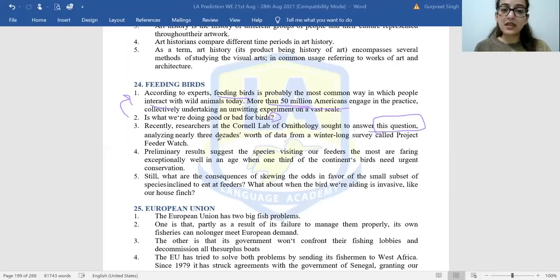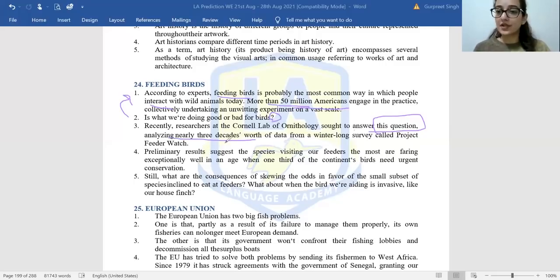Analyzing nearly 3 decades' worth of data from a winter-long survey called Project FeederWatch. So after the question, we are talking about how they were analyzing nearly 3 decades of data to answer this question.